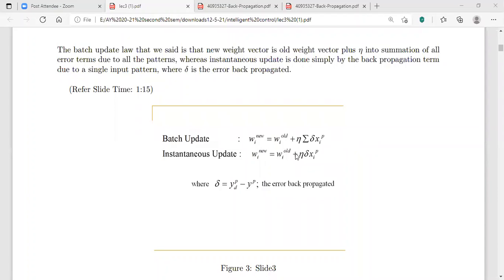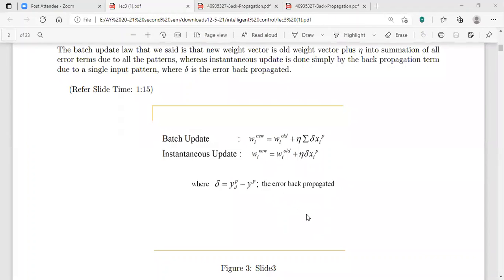But here in the back propagation algorithm, we go for instantaneous update. This instantaneous update is using this formula Wi new is equal to Wi old plus eta into delta into XIP. The error is back propagated.